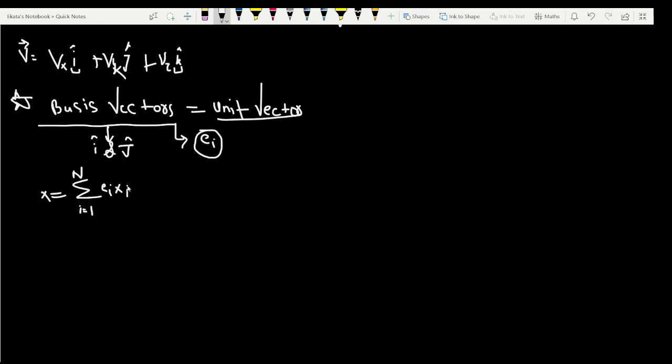Here, a particular vector can be represented in n dimensions like this. In n dimensions, we represent our vectors like this. So if the dimension is 5, what do we have to do?